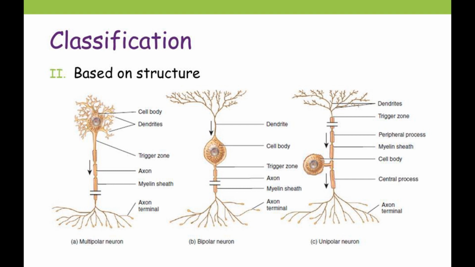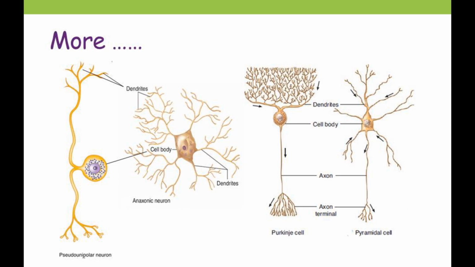If there are two extensions, one being the dendrites, the other being the axons, it's called a bipolar neuron. If there are multiple extensions, where there is a single axon but there are several dendritic extensions from the same cell body, it's called a multipolar neuron.